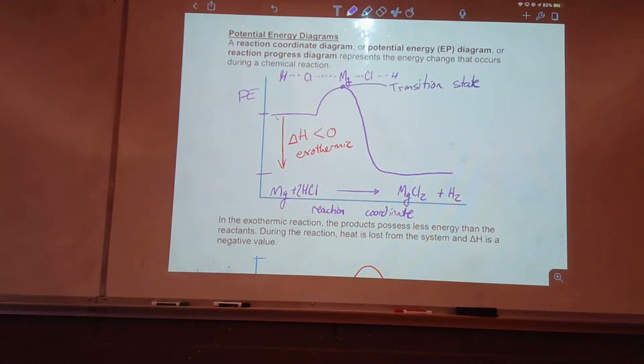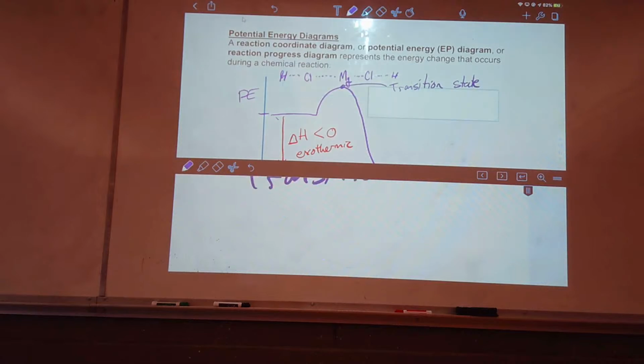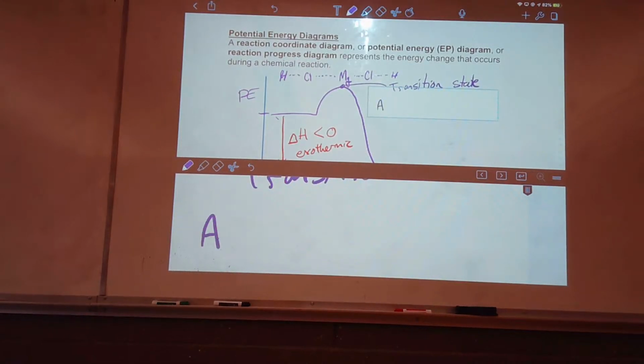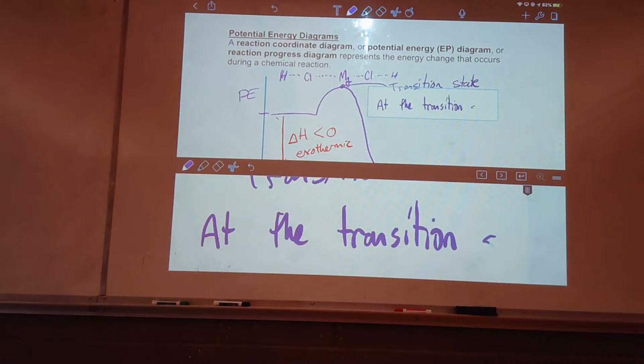At the transition state, we think about the system as being equally able to return to being the reactants or return to being the products.